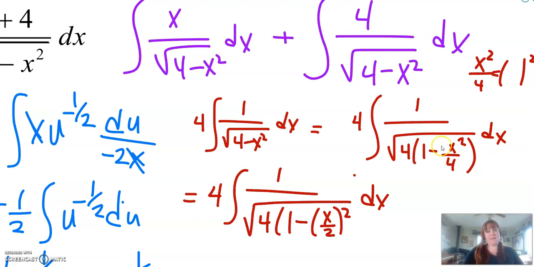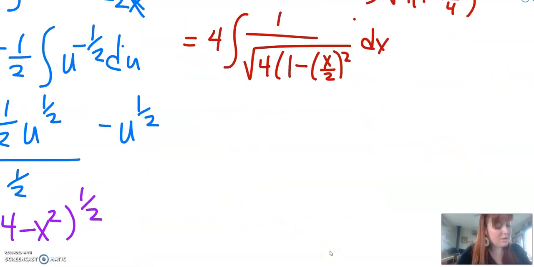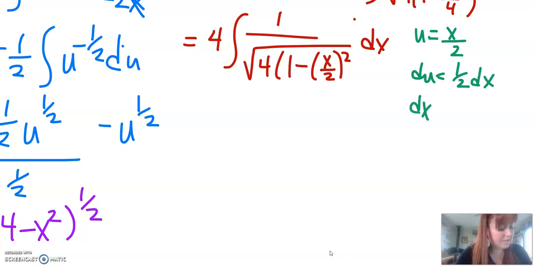Okay, because that would then be in the sine form, right? And now I can just do a u-substitution where u equals x over 2, du equals 1/2 dx, therefore dx equals 2 du.